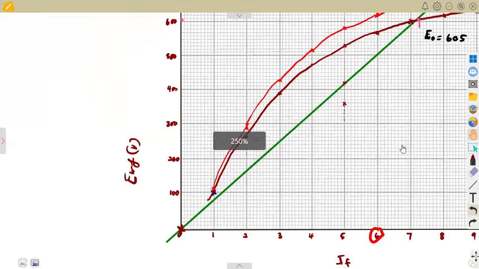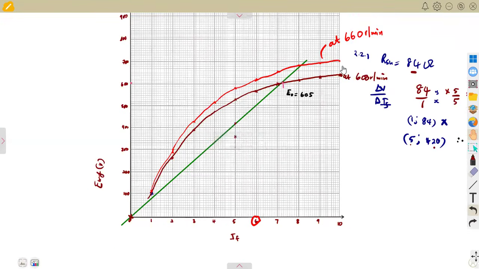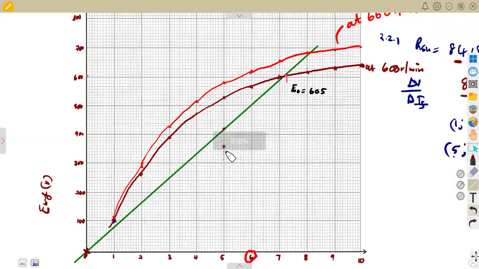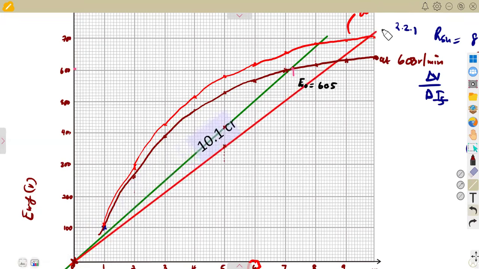So you are going to draw a line which will meet the graph at a speed of 660 from the origin, just like what we had from the 0, 0. It must pass through this point, all right? So let's draw from the 0, 0, passing this point to the graph that you have drawn at 660, somewhere like that.